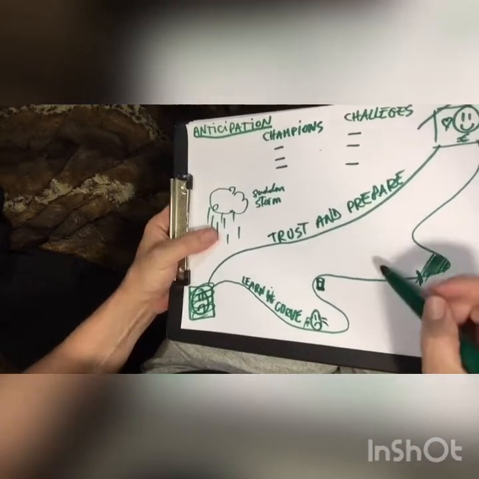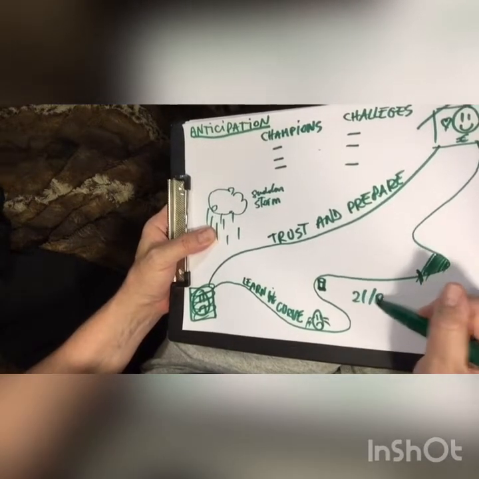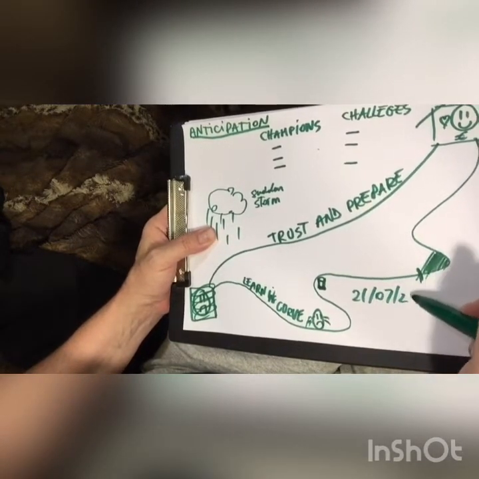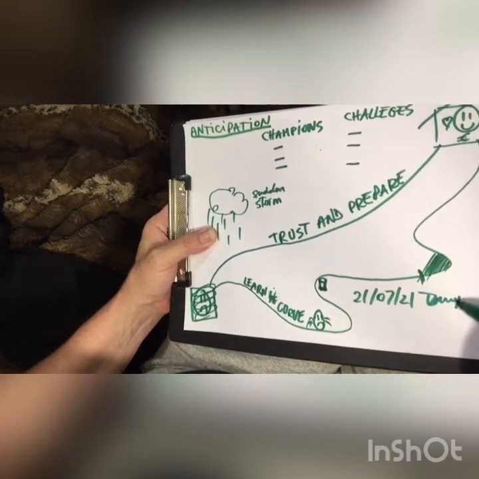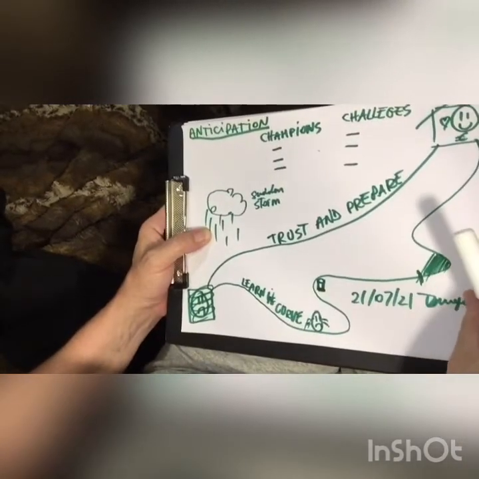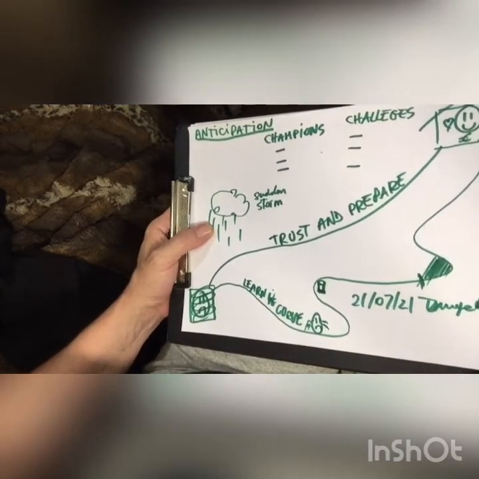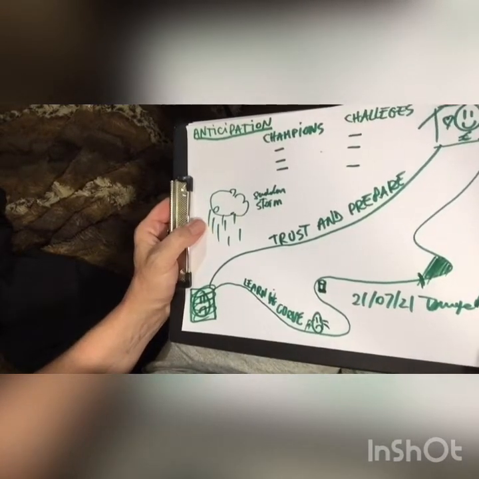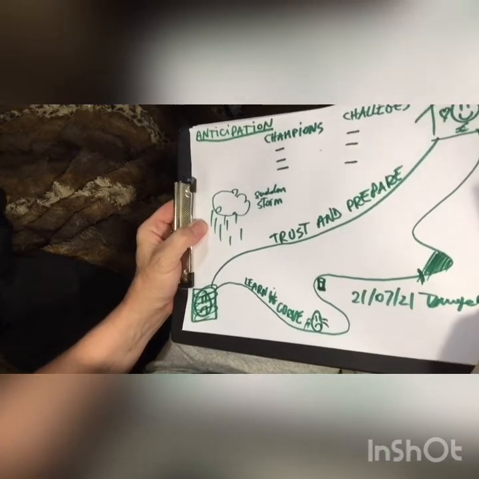Once you've finished it, again, you put the date on it and sign it. And when you're signing it, you are committing to achieve it. The next map is ritual.